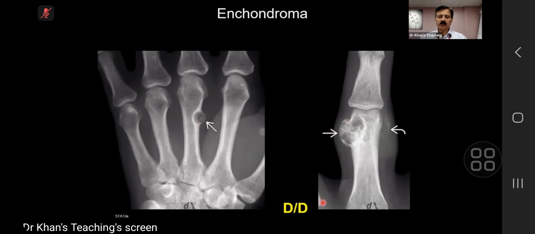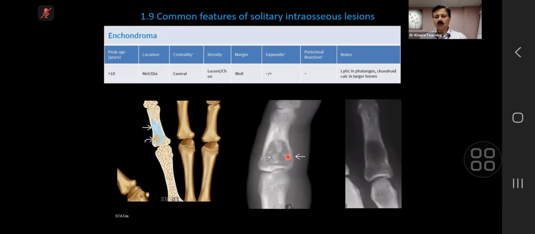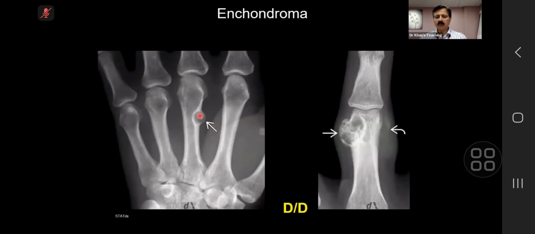You remember that we learned the basic concept that enchondroma is in the medullary cavity and it is central. But you should know that there can be enchondromas which arise from the cortex. Why? I'll tell you why. Because in Ollier's disease, etc., you can get these kinds of lesions.